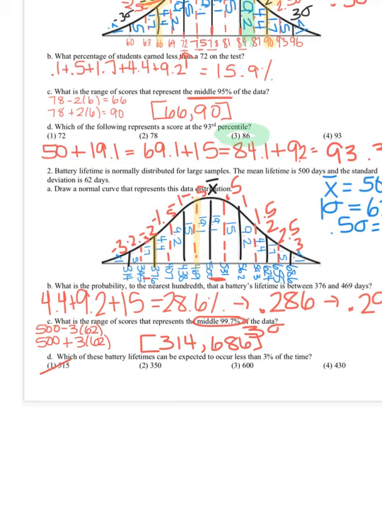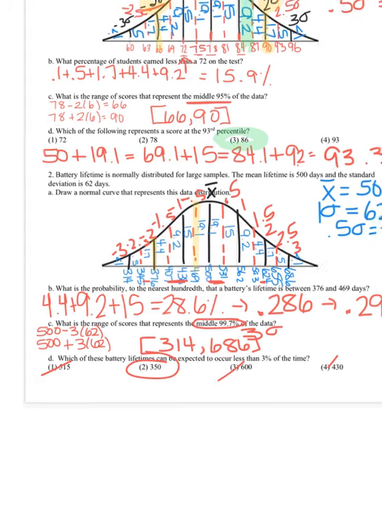That percentage is 1.7, so that's probably going to be my answer. Okay, if we keep going though, choice 3 is 600. 600 is between 593 and 624, which is 4.4%. And then 430 is between 407 and 438, which is 9.2%. So your answer is choice 2.